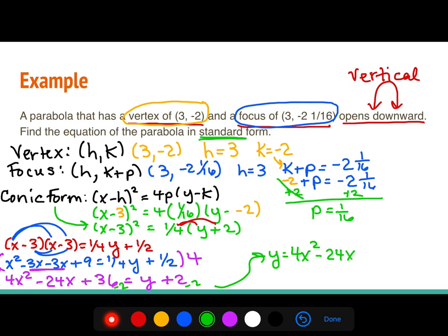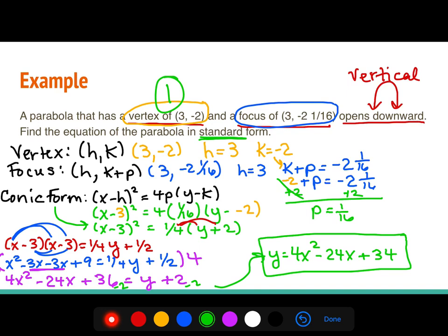And 4 times 1/2 is plus 2. And then all I'm going to do is subtract 2 on both sides. And finally I'm at my answer. y equals 4x squared minus 24x, and 36 minus 2 is 34. There's my equation in standard form.